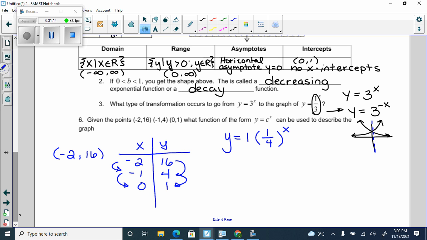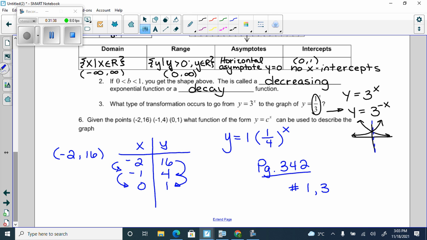Okay, page 342. It's the same page, but you're doing number 1. You guys, I just want to draw your attention to number 4.